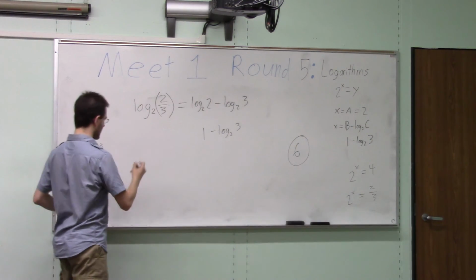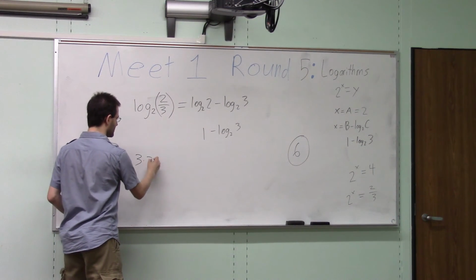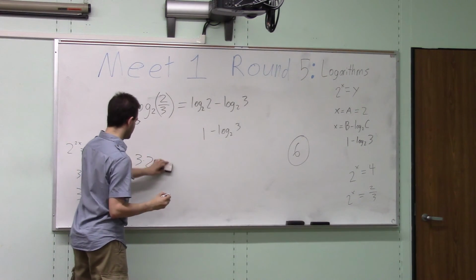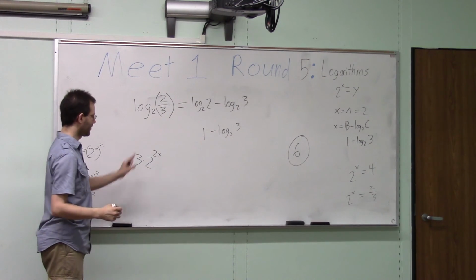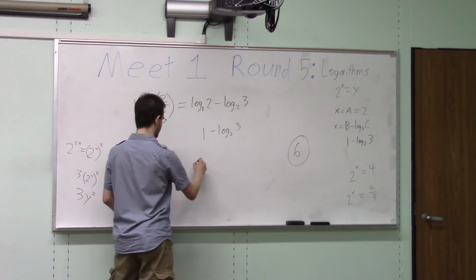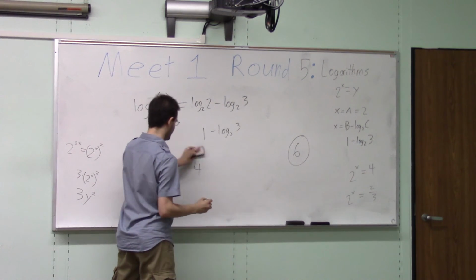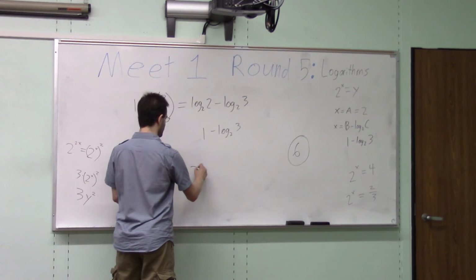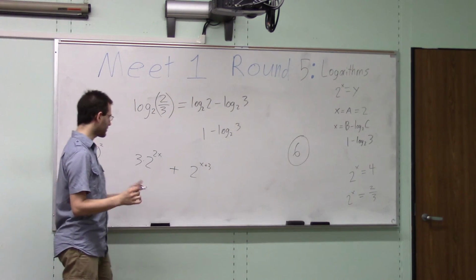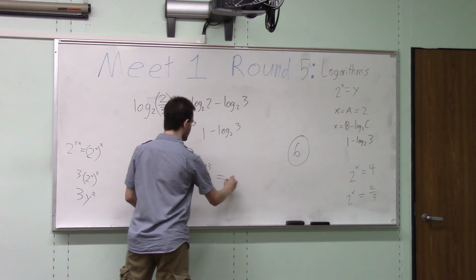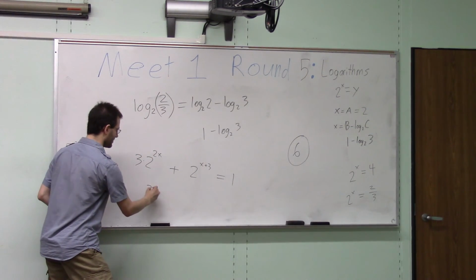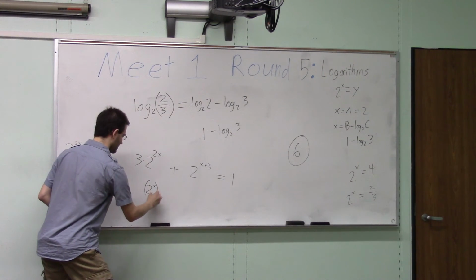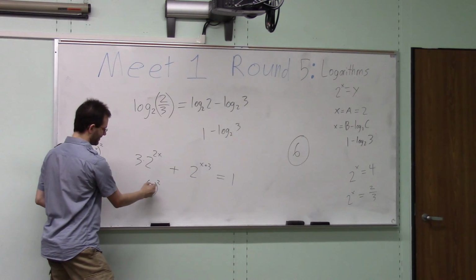Situations where you have to take 3 times 2 to the 2x and like 4 times, well, 2 to the x plus 3, and realize that you can transform this into a quadratic by replacing this with 2 to the x squared, and then substituting this for like squiggle.